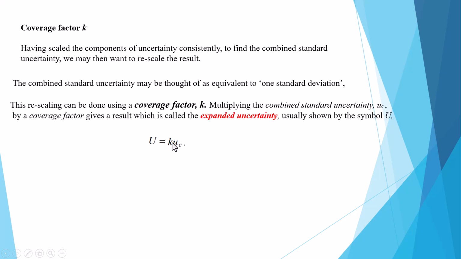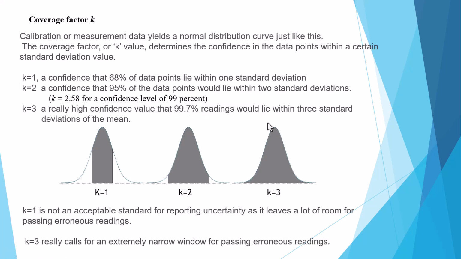Then we get the expanded uncertainty. This result is called the expanded uncertainty. Here the coverage factor is the key factor. Different k factors correspond to different standard deviations, k equal to 1.